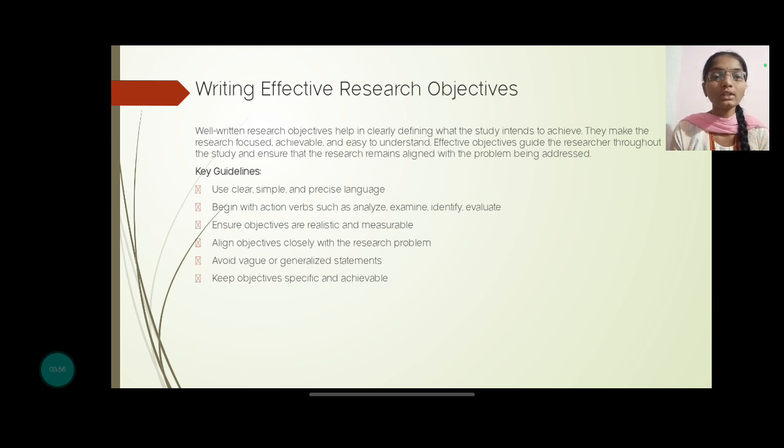Key guidelines: use clear, simple, precise language, align objectives closely with the research problem, and begin with action verbs such as analyze, examine, evaluate, and identify. Avoid vague or generalized statements, and keep objectives specific and achievable.